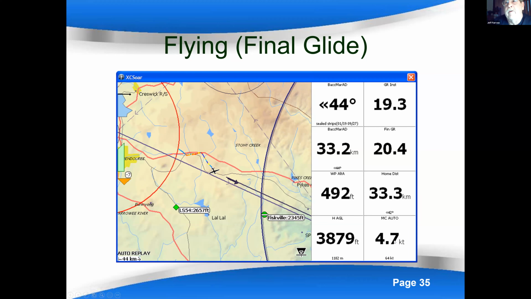But if we decreased our McCready setting back down, then the green up here tells us that we would make it back to Bacchus Marsh. We've obviously got alternate airfields sitting around that we can land in.